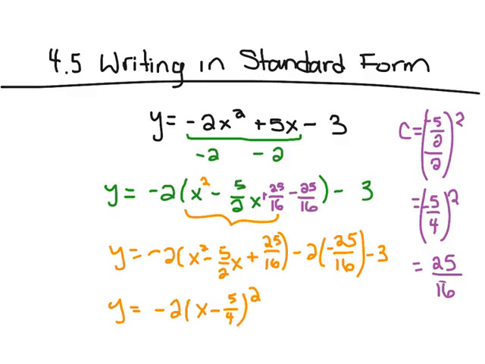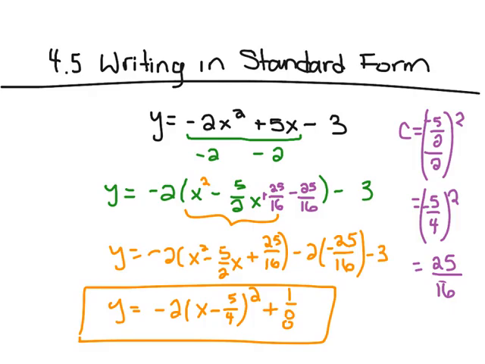And then if you type negative 2 times negative 25 over 16 minus 3, you should get plus 1 over 8. So this is our equation in standard form.